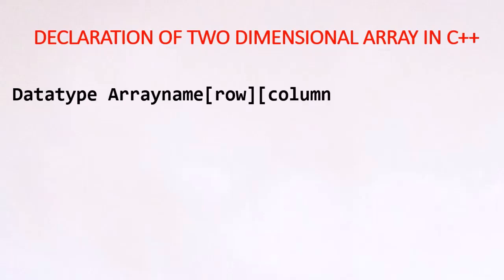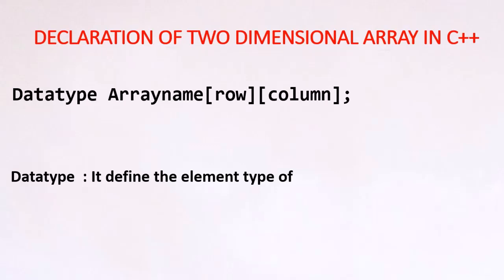Now, when we talk about the declaration of a two-dimensional array in C++, the syntax is very much similar to a single dimensional array, but there are two pairs of brackets there. Why two pairs? Because one is for the rows and one for the columns. So data type is the same.